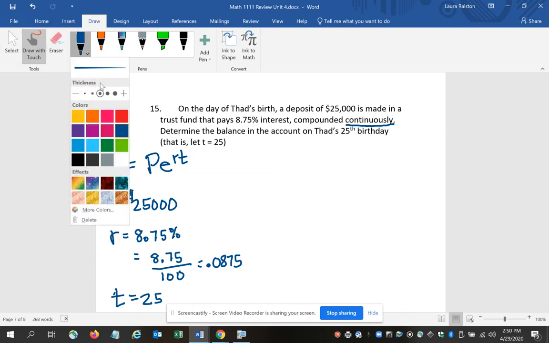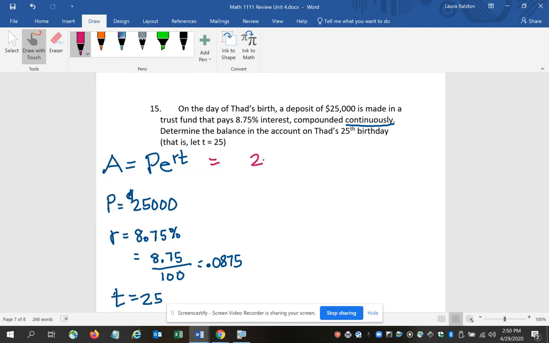So here again, don't overthink it, guys. It is a straight plug and chug. So I'm going to have 25,000 times e raised to the 0.0875 times 25. And again, I'm going to use my calculator.